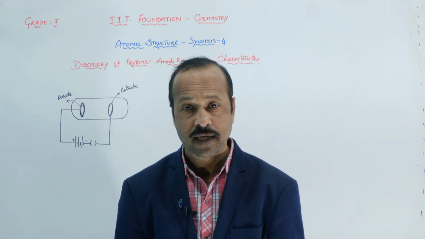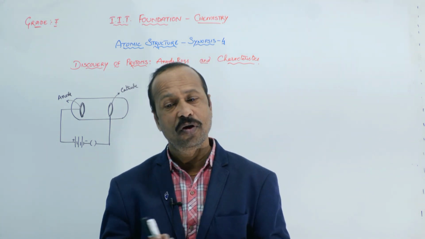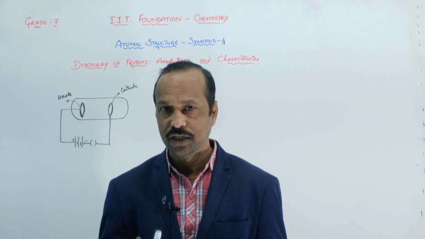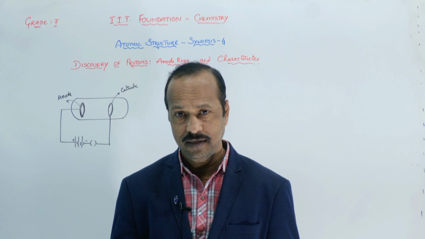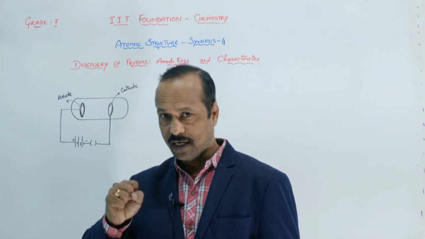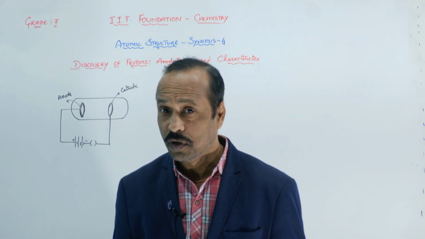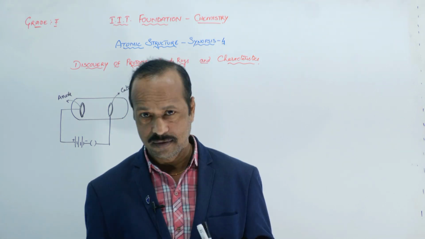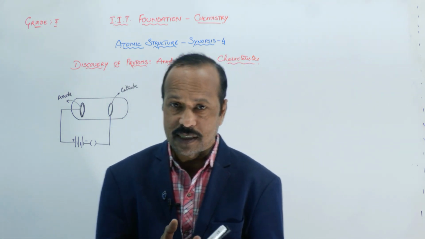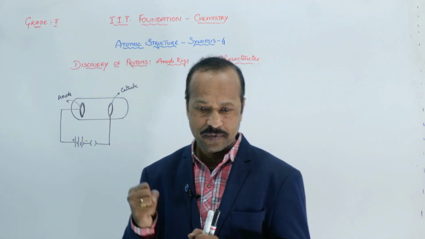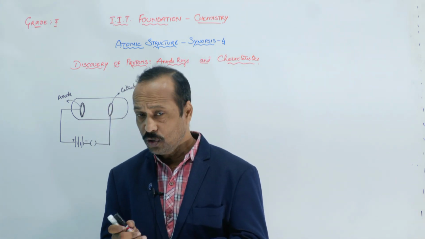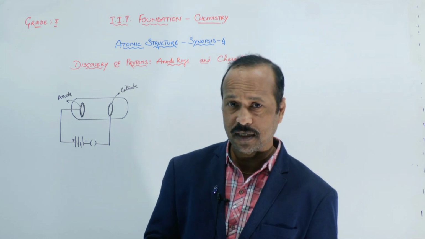Neutral means neither positive nor negative charges. In the last class we discussed that J.J. Thomson discovered the electrons. Electrons are negatively charged particles. They came from the matter taken in the discharge tube. So, electrons are negatively charged particles.